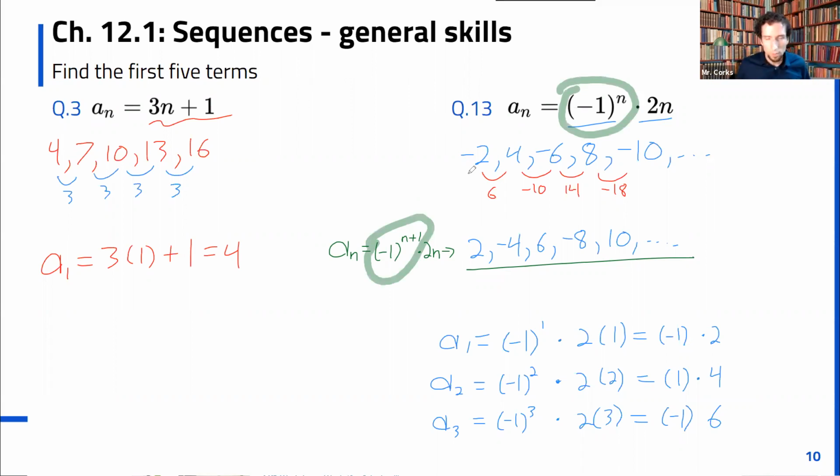My camera went out of focus for a second. So this is a very common way of doing this, and it's a useful thing to remember. Negative 1 to the exponent n or n plus 1 gives you this back and forth pattern. We see that a lot in sequences.